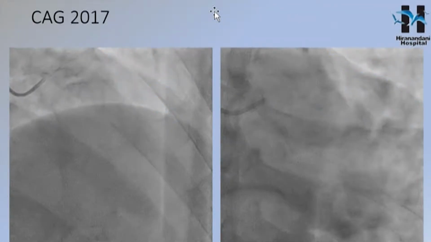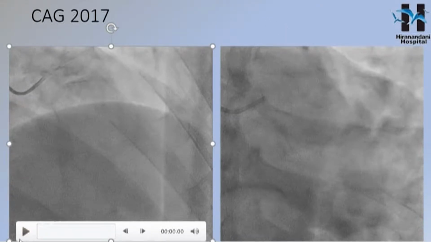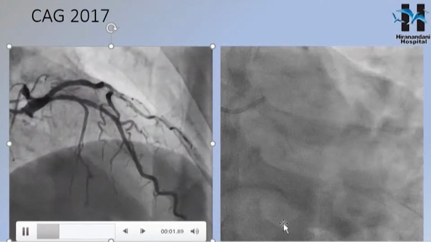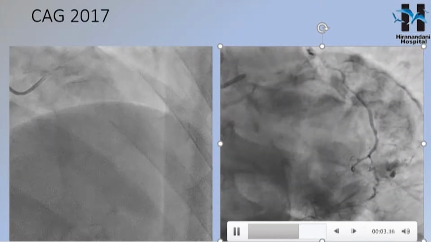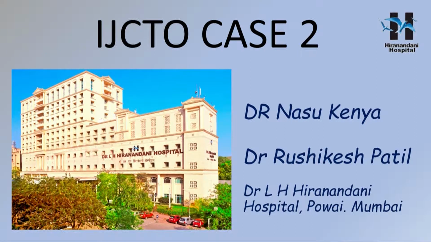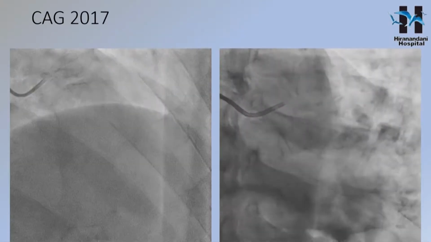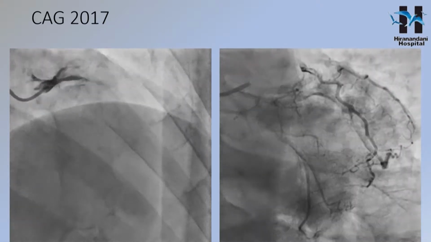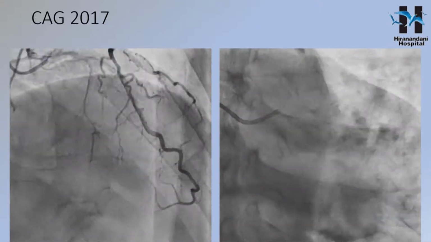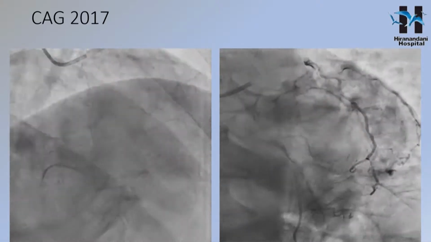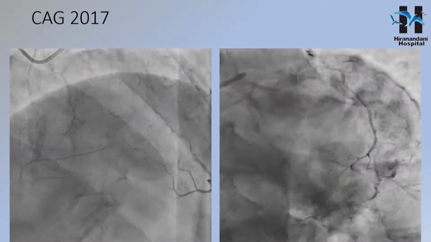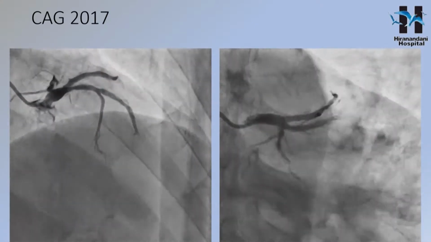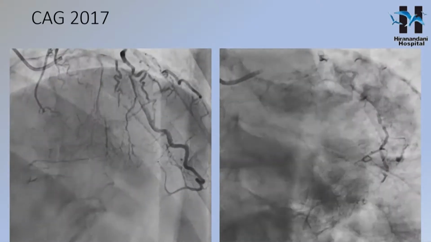So, just to show the 2017 angiography pictures. We can see the LAD proximal, ostioproximal calcific borderline lesion, 50 to 70%, ramus being a major vessel with minor insignificant flux, and L6 being a non-dominant vessel with mid diffuse disease.